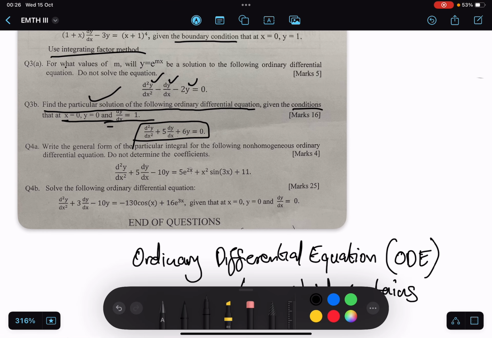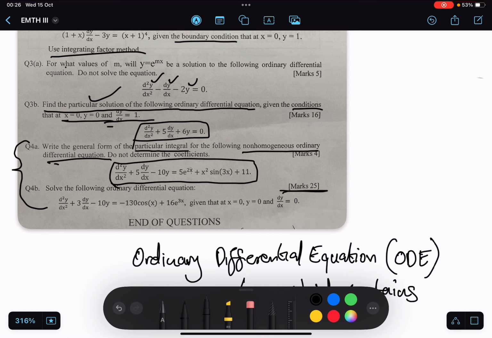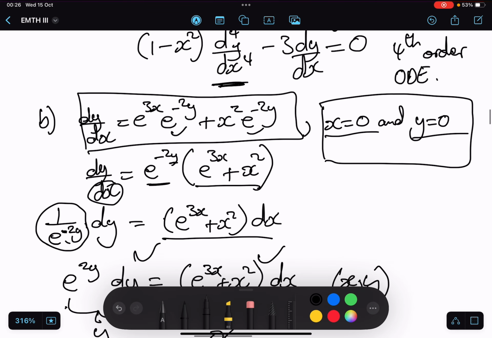In the next video I'm going to do question 4, but with question 4 we are looking at particular integrals and also at non-homogeneous ordinary differential equations. This one is 4 marks, and question 4 is 25 marks. So stay tuned for the next one.